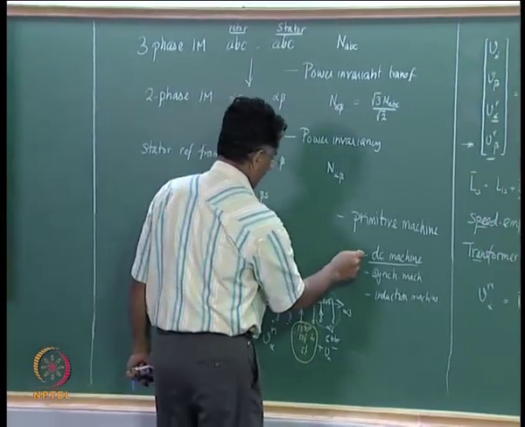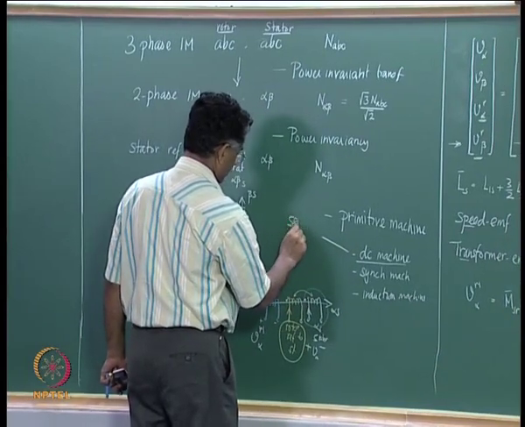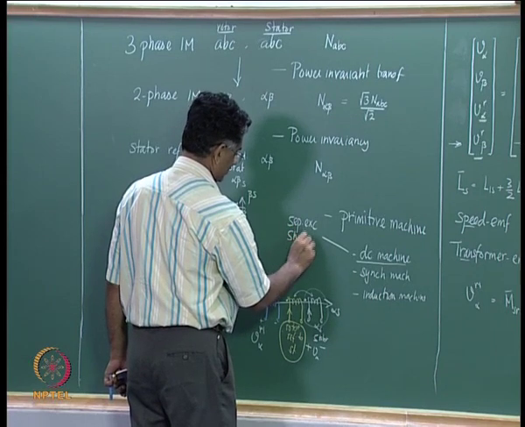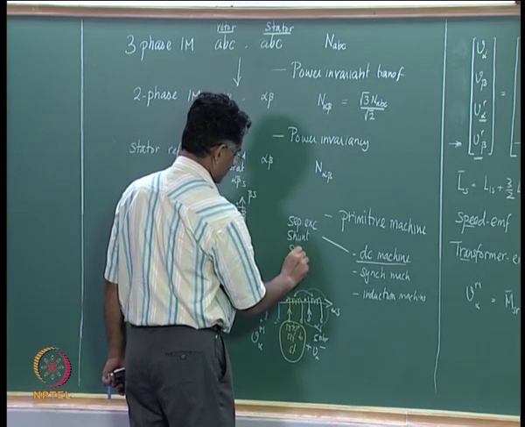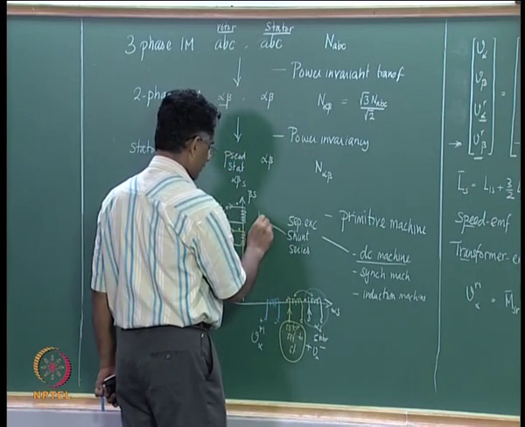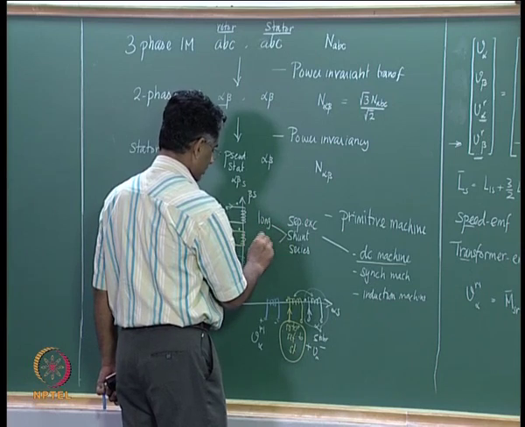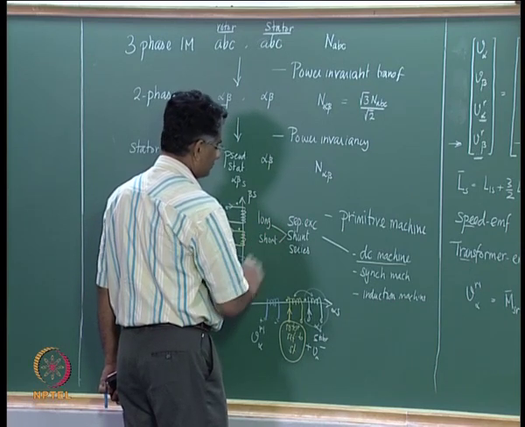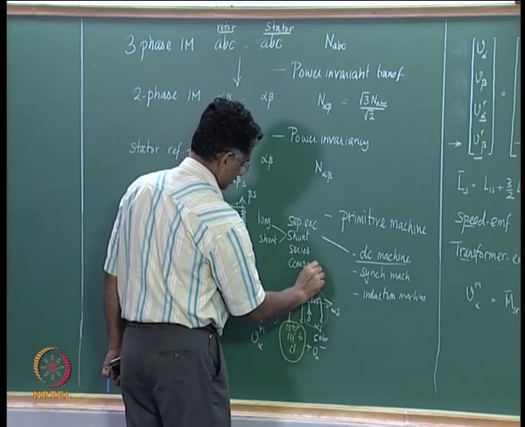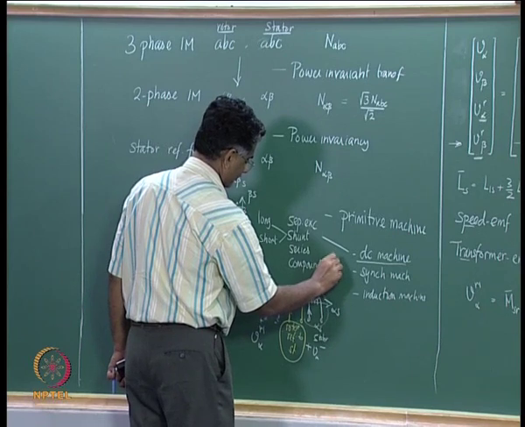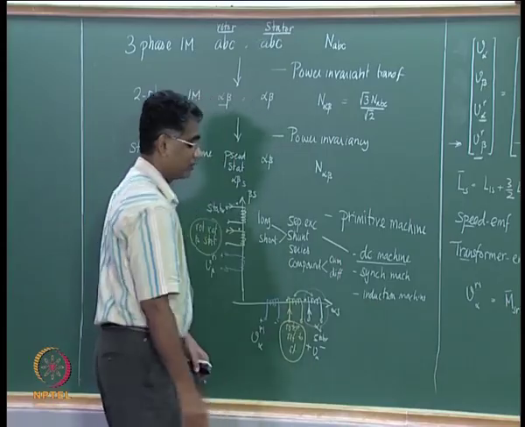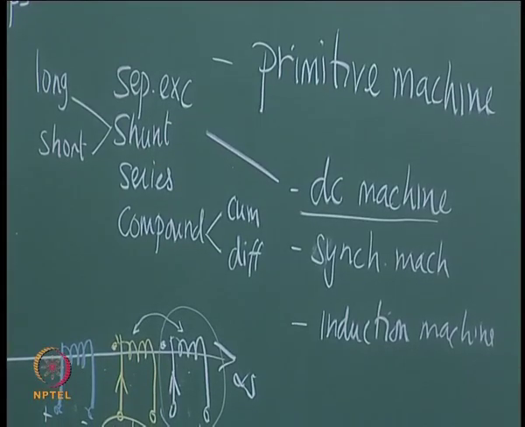You have separately excited machines, you have shunt excited machines, you have series excited machines, and in this case again you have long shunt, short shunt, and then you have compound machines. In this case you have cumulatively compounded, you have differentially compounded machines. So, DC machines itself are of various varieties.